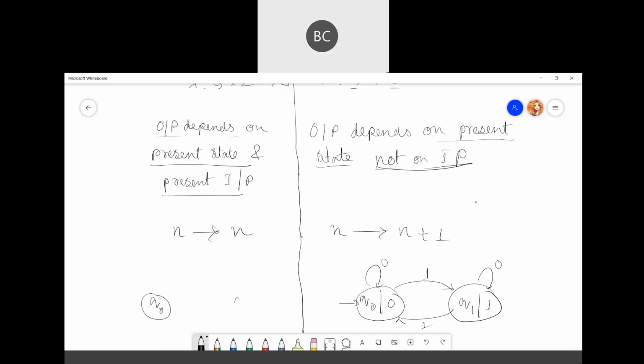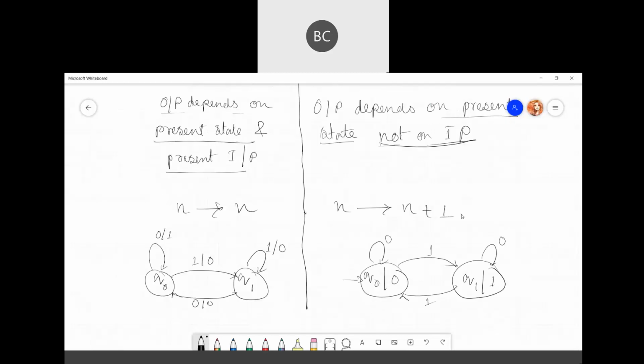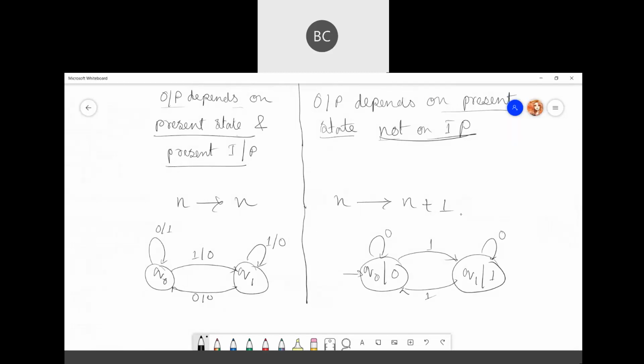Output is associated with 0, 1, 1, 0, 1, 0, 0, 0. Okay, so diagrammatically the difference is like this.